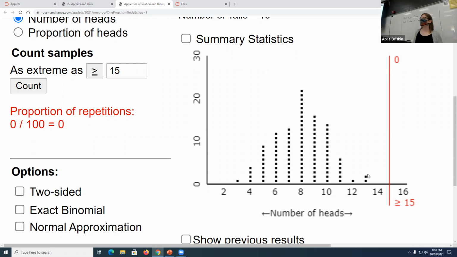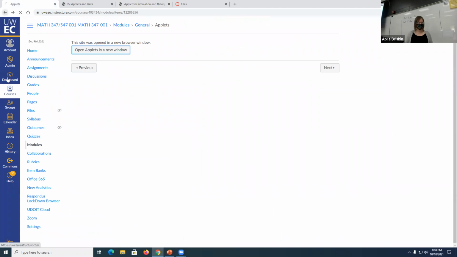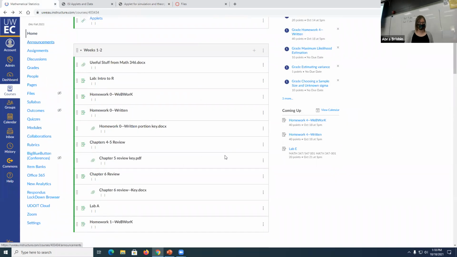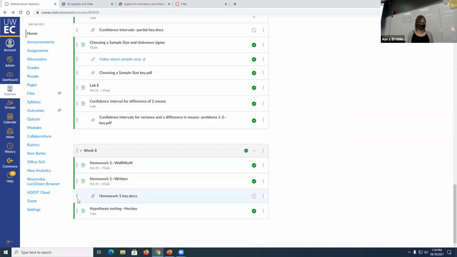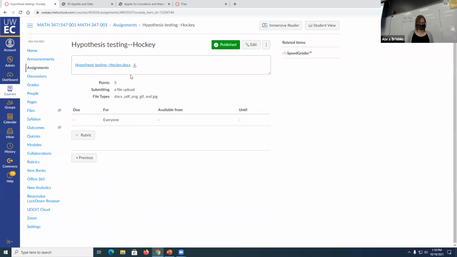So start by just reading that paragraph at the introduction so you can get a sense of what this study is about. And then try problems 1 and 2. And for folks who are looking at this online, this is the hypothesis testing hockey activity.